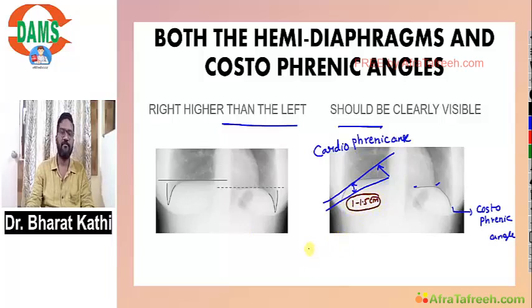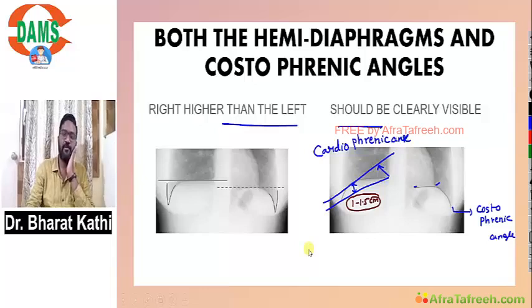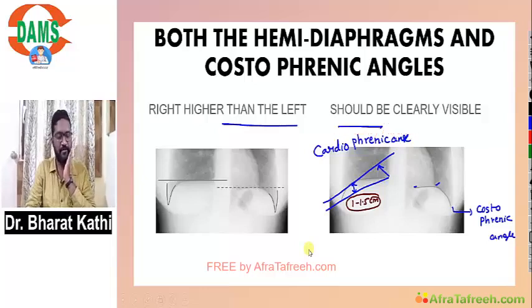It can be a flat diaphragm. So draw a line to the curvature of the diaphragm and also a line joining the cardiophrenic angle and the costophrenic angle. The distance should be about 1 to 1.5. If it is less, it is a flat diaphragm.